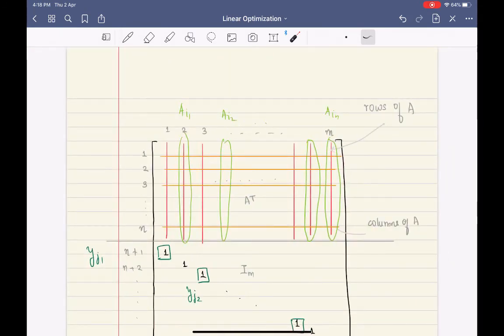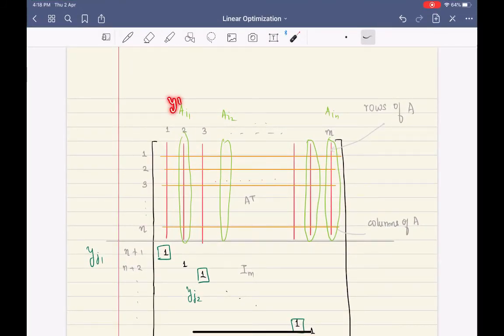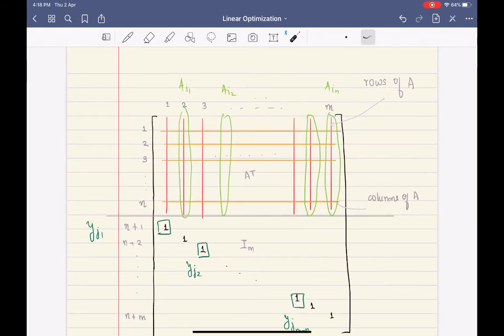So we have that ai1, ai2 till ain, they are all linearly independent, and there are some yi1, yi2 till yin which are potentially bigger than or equal to 0. Now yj1 till yj(n minus m) are the ones that are out of this. So I did not choose this in ai1, so yj1 will be chosen.